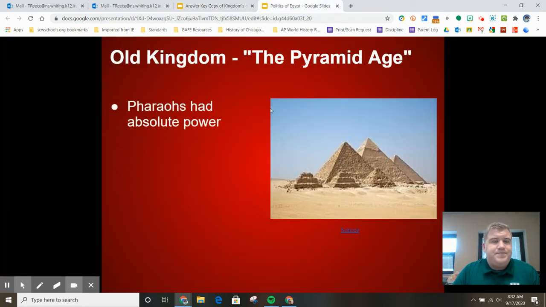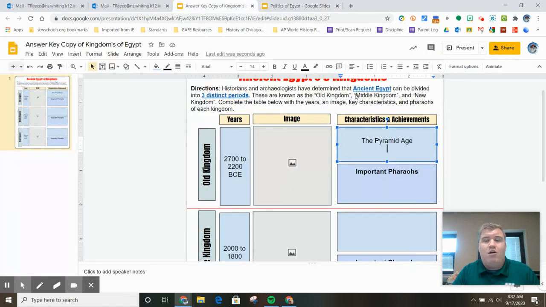All right. So the big thing with the Pyramid Age is that one, they built pyramids, and two, pharaohs had absolute power. And we're actually going to put that on our characteristics and achievements. All right. So pharaohs had absolute power.